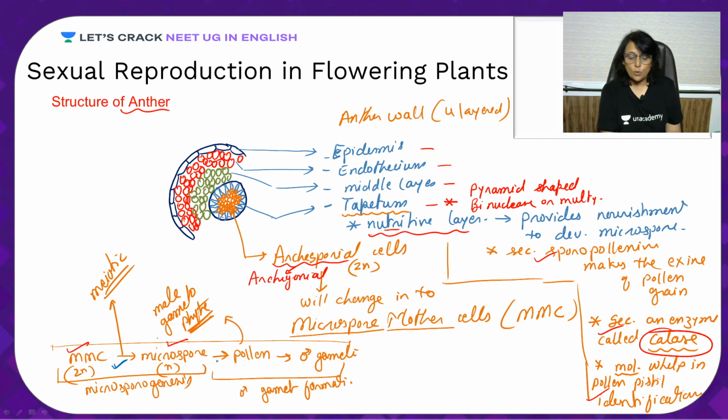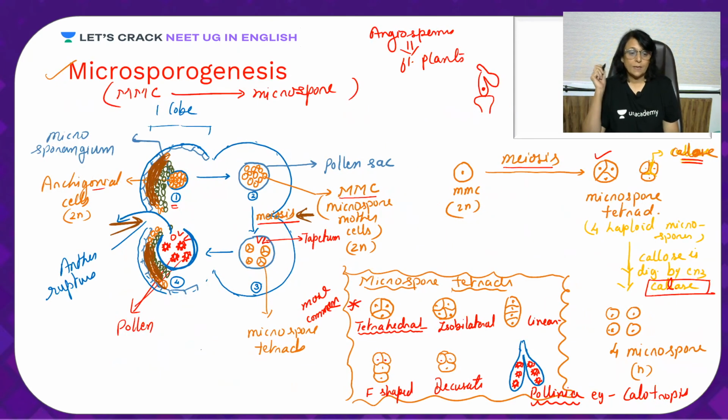Then microspore to pollen grain is known as the male gametophyte formation stage. And then inside the male gametophyte, the male gamete will develop. This is microsporogenesis, and in one diagram we have shown all the stages.